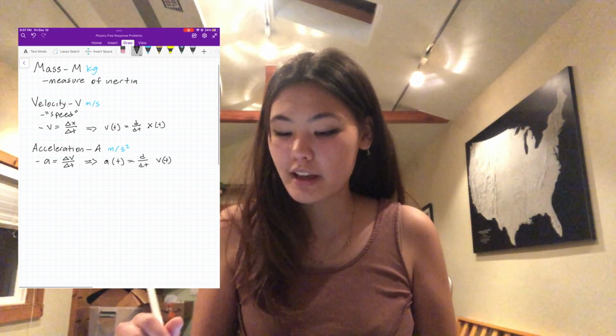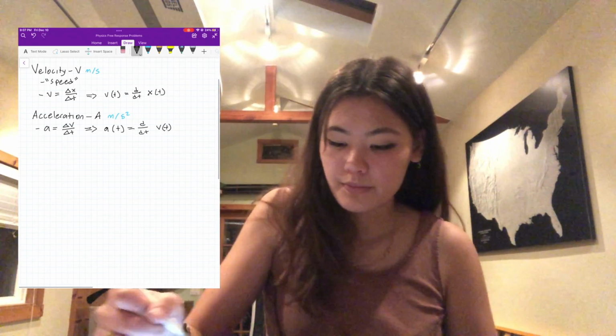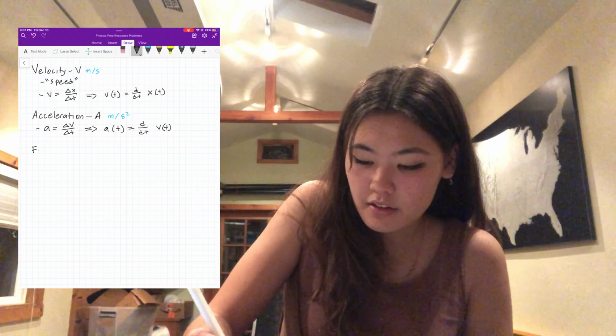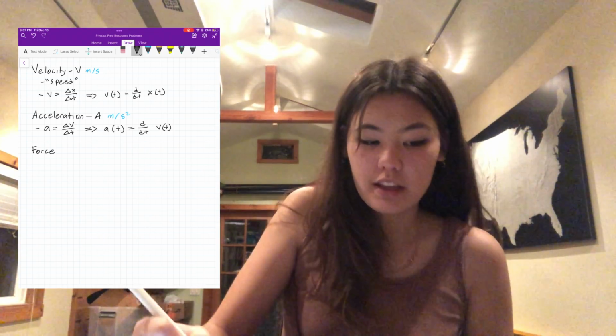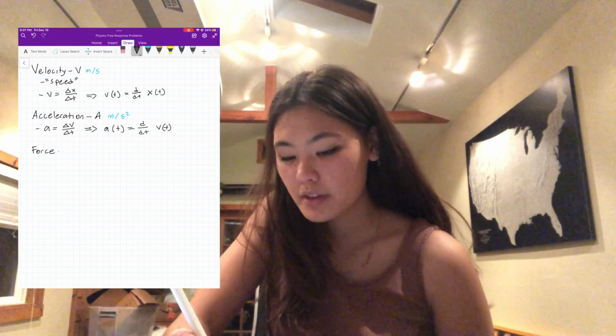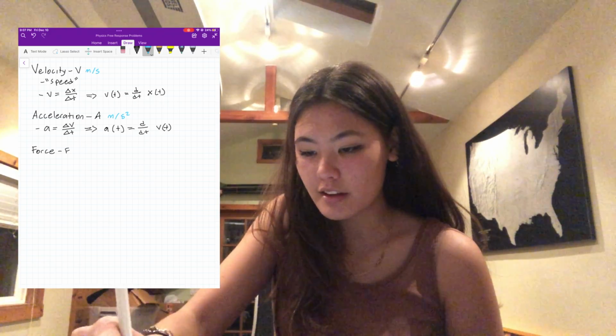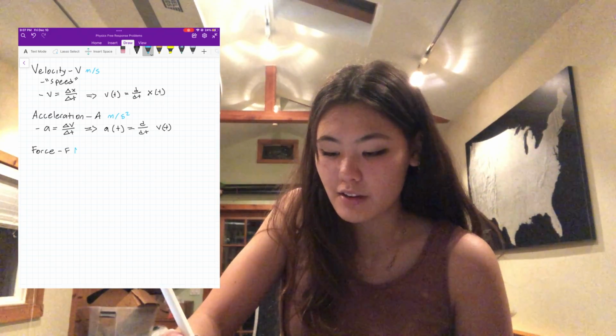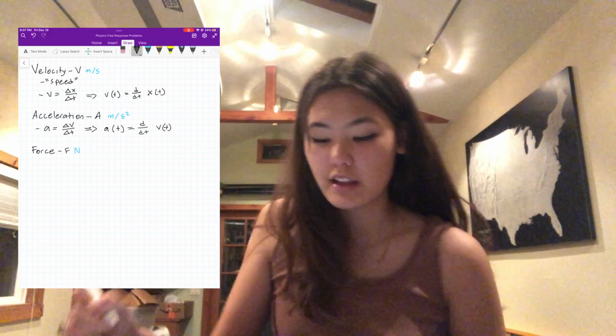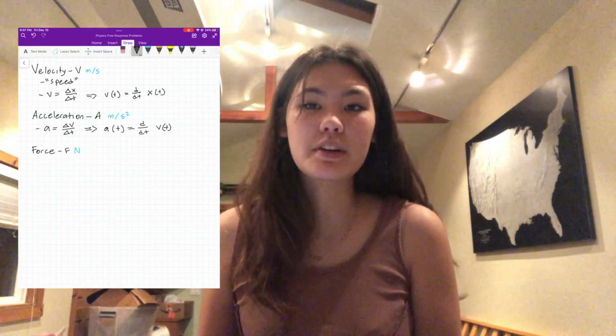And then now we'll get into force. So force is denoted by the letter F, and it's given in units of newtons, which is the letter N. And force, pretty simple, is a push or pull on an object.